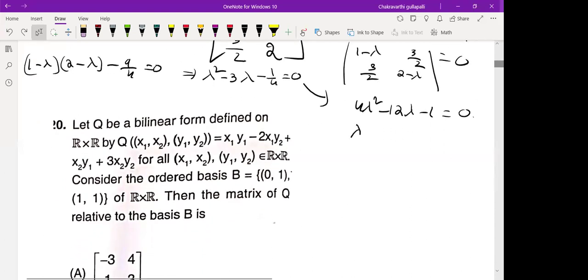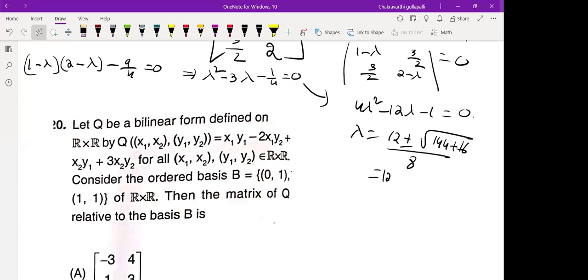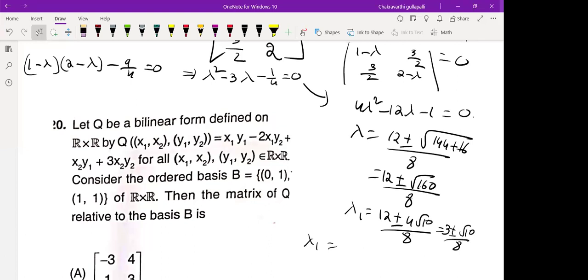Lambda is equal to 12 plus or minus root b square minus 4ac by 2. 12 plus or minus root 160. So lambda 1, lambda 2. This is 12 plus or minus 16 tens are 4 root 10 by 8. That is 3 plus or minus root 10 by 8. So 3 plus root 10 by 8 is positive, 3 minus root 10 by 8 is negative, because root 10 is 3.3.